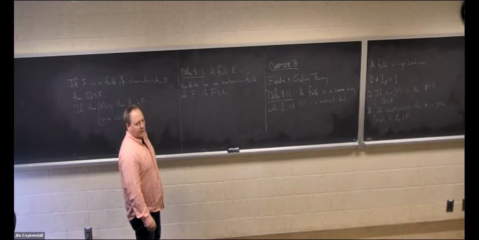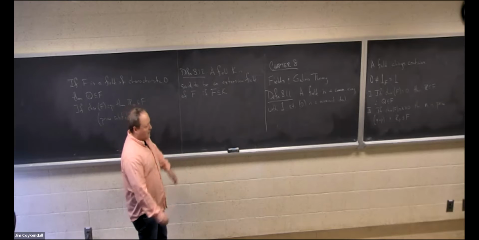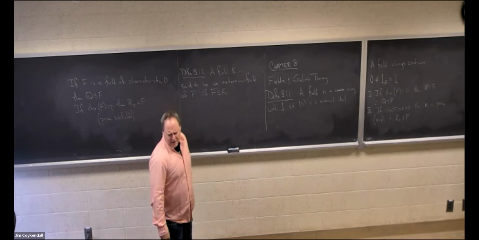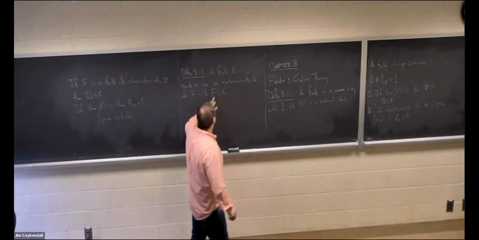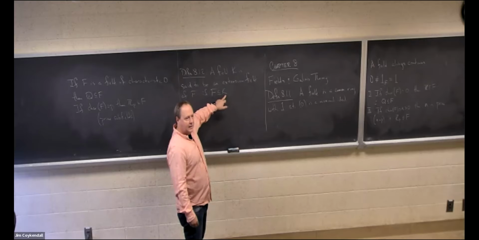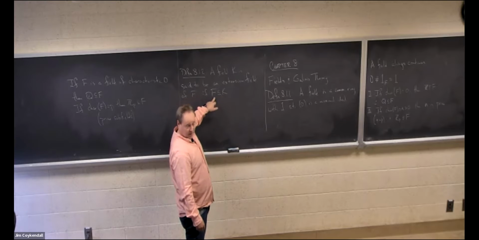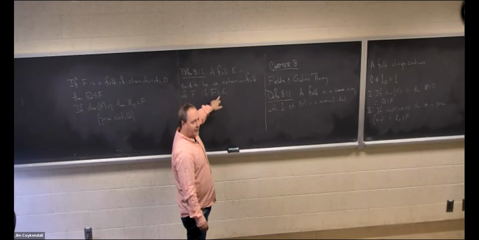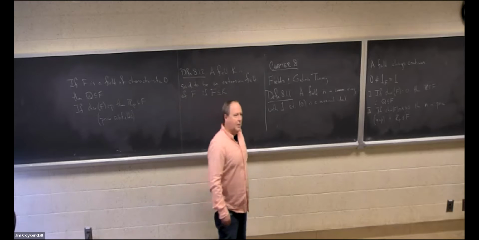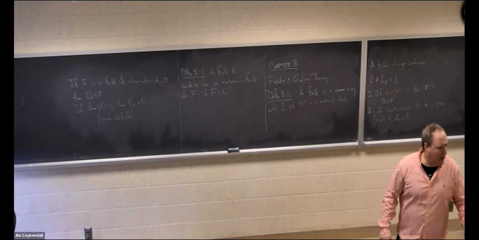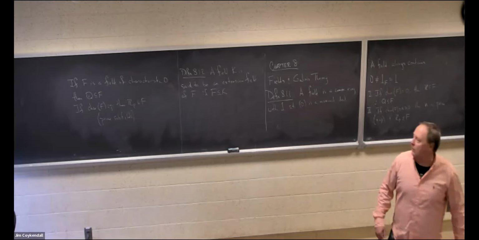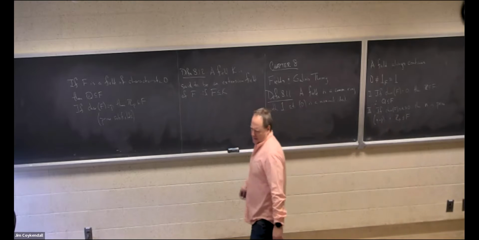It's a bigger field that contains F inside it somehow. And let me point out that K is an F module, because if you have any extension of rings, the bigger ring is a module over the smaller one. F is a field, so K is a vector space over F automatically.